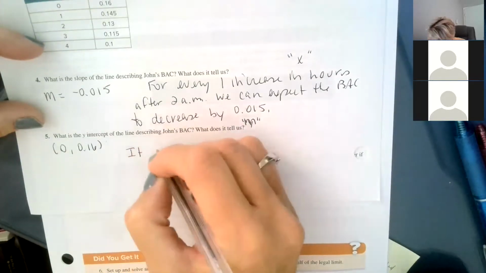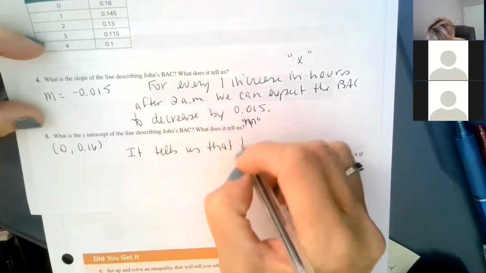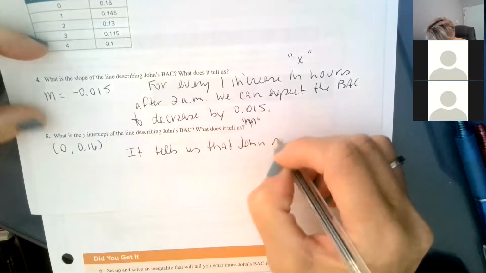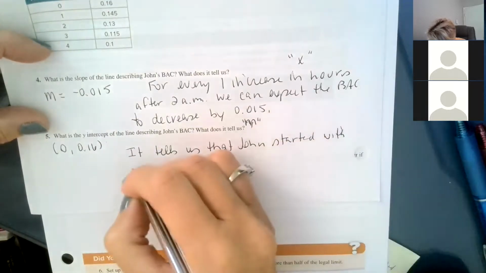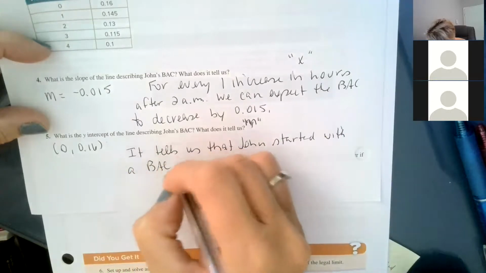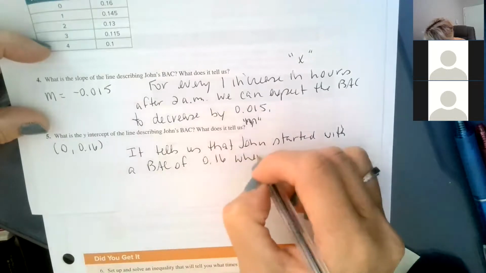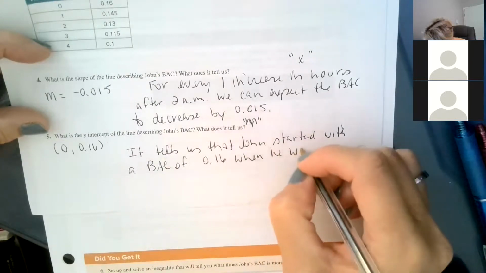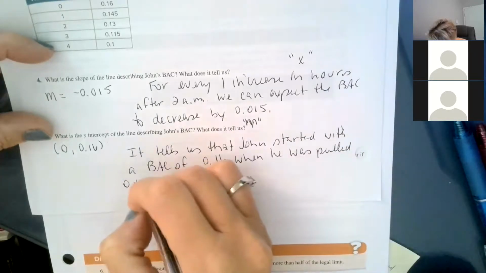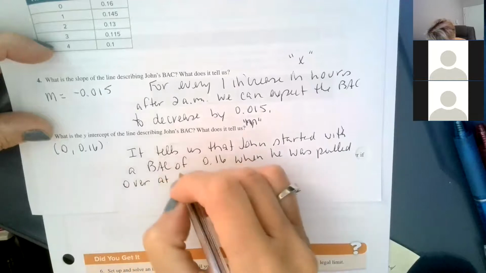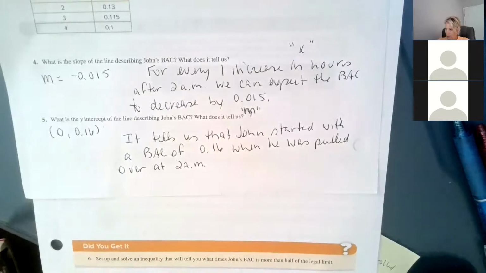It tells us that John started with a BAC of 0.16 when he was pulled over at 2 a.m. That's what we're starting with.